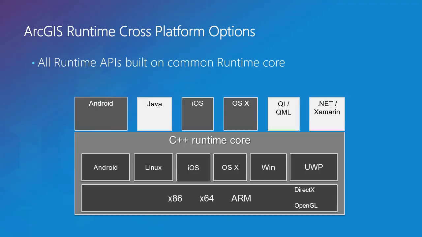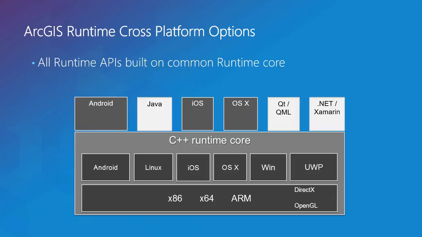I highlighted here in white three different APIs or SDKs that we provide today that we will focus on in this session as far as cross-platform solutions: Java, Qt QML, and .NET and Xamarin. The key thing to keep in mind is these are really just windows, or ways of exposing this common, native, high-performance functionality to multiple platforms using industry standard APIs. And that's the critical piece.